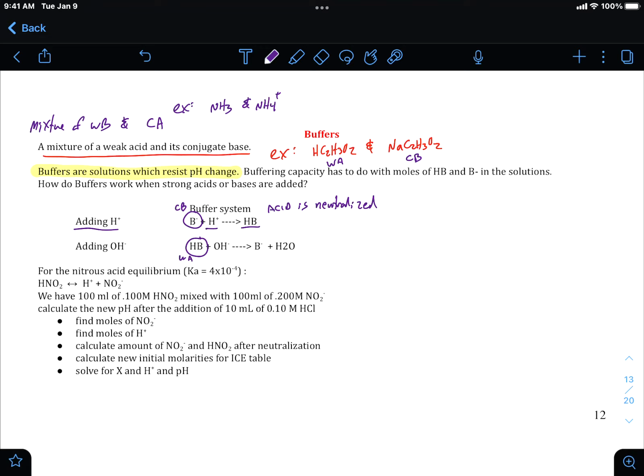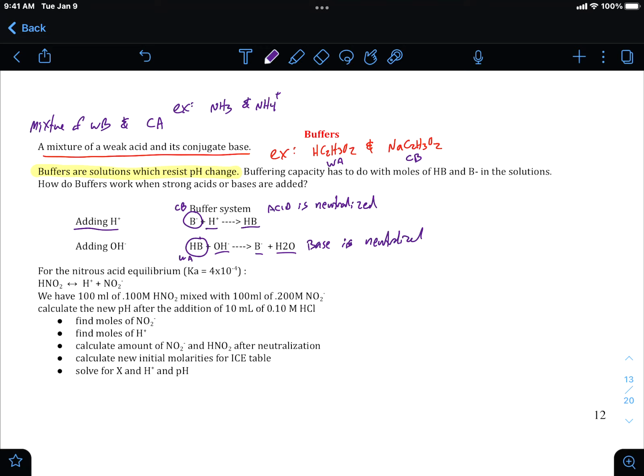What if base is added? If the base is added, the weak acid neutralizes it to form water and B minus. So a buffer can handle incoming acid or incoming base.